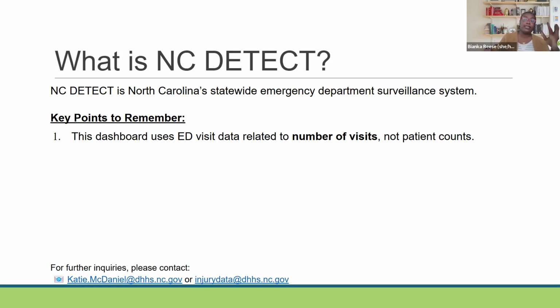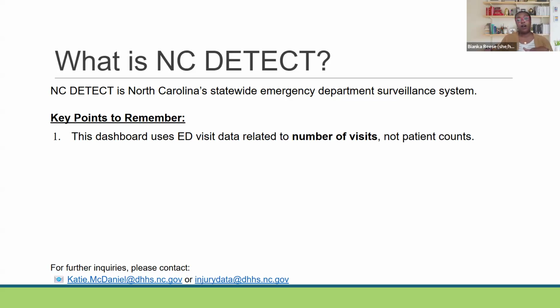They maintain this system that collects information from various sources, including emergency departments across the state, emergency medical services or EMS services, from the North Carolina Poison Control, and I think even recently from urgent care centers across the state. So this information is being collected ongoing and updated in the system.